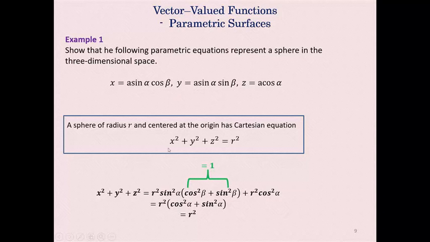So our strategy is to work out the left-hand side by plugging in the three parametric equations, and to show that the result is r squared. Obviously, the presence of sine and cosine tells us we must be prepared to use this famous identity, cos squared plus sine squared equals 1. With some simplification, you can get r squared quite easily.